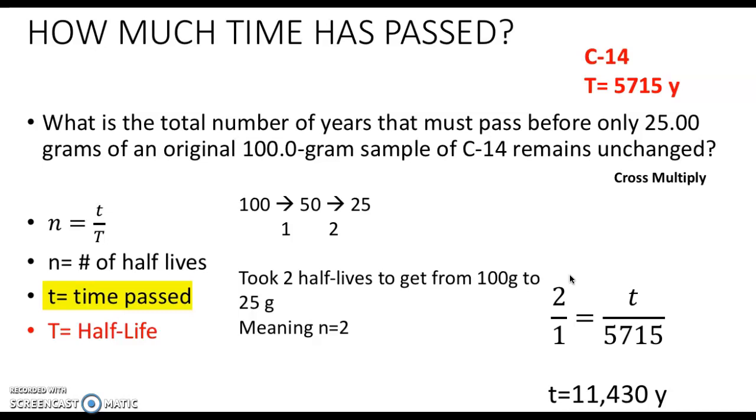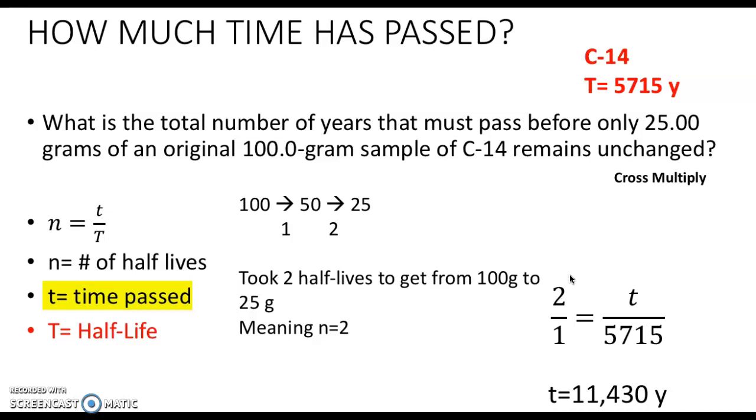I don't know what my little t is, and I have 5,715 as my big T down below. Now, because I'm going to cross multiply, I'm going to put a 1 underneath my 2, and then I'm going to cross multiply. So 1 times t is going to give me little t, and then 2 times 5,715 is going to give me 11,430 years, and that is my answer.